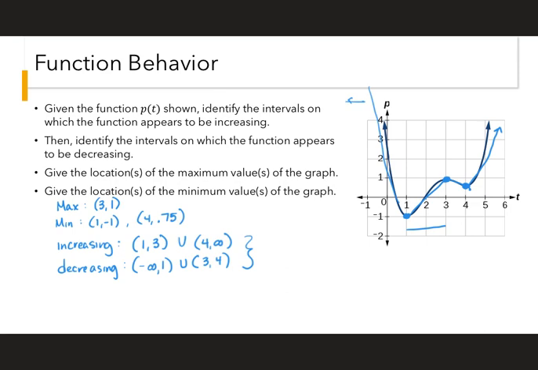So everything should be included in one or the other. Okay? If it's not, probably just double check before you turn it in. Just double check that you've got all of the increasing and all of the decreasing in there.